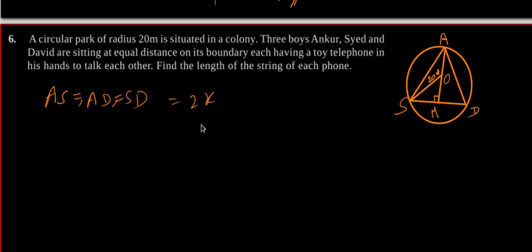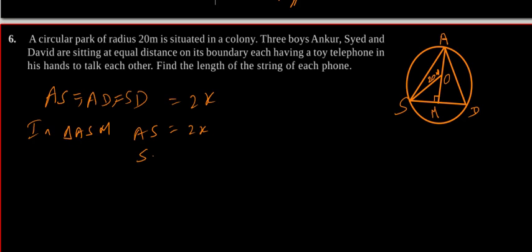Taking triangle ASM, here AS is 2x and SM is half of SD.